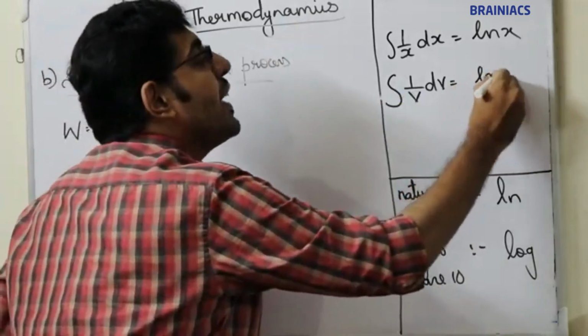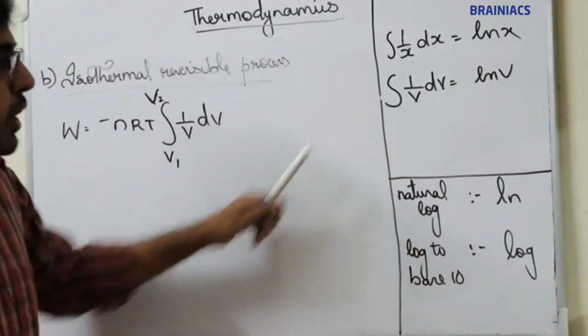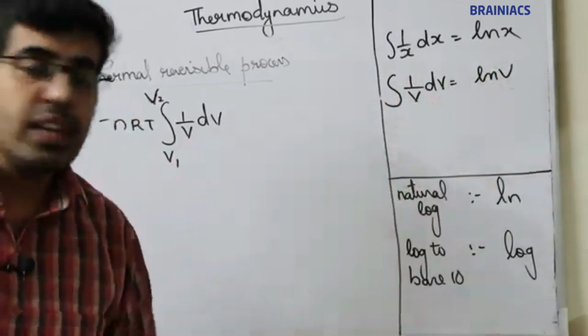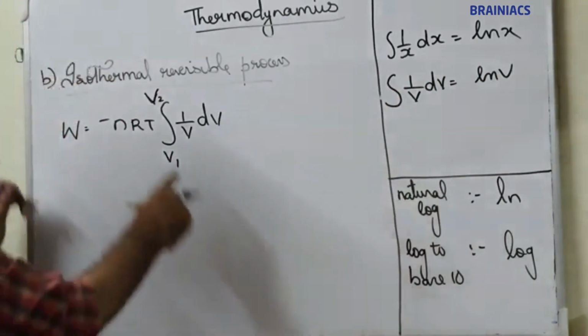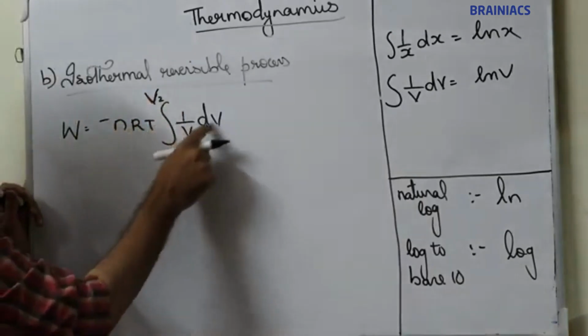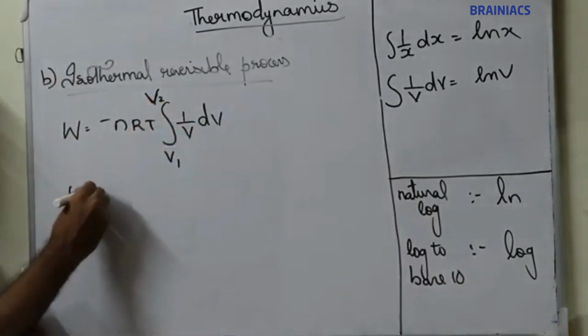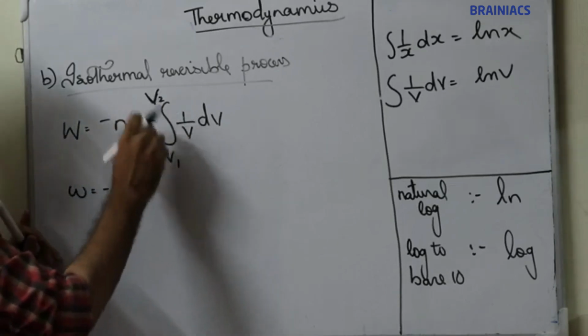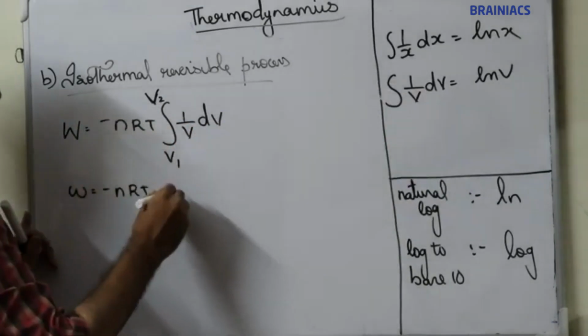You will get ln v, right? If integration of 1 by x dx is equal to ln x, then integration of 1 by v dv is ln v. So W is equal to minus nRT times the integration of 1 by v dv, which is ln v.